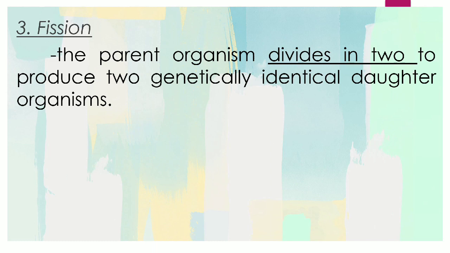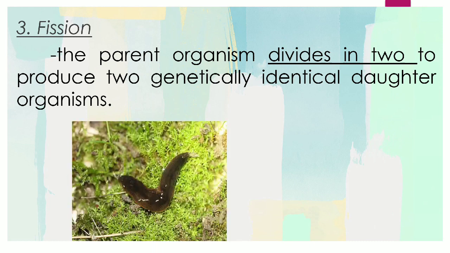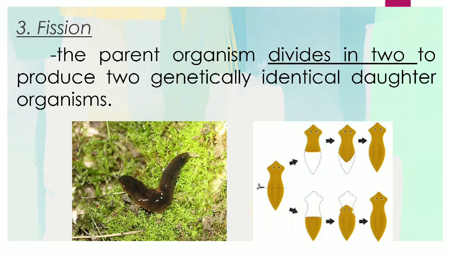Example, the flatworms commonly called planarians. Planaria are able to separate their bodies into head and tail regions and then regenerate the missing half in each of the two new organisms.